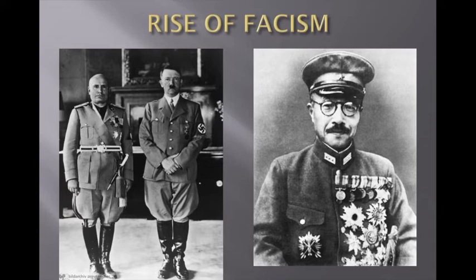During the 1920s, there was the rise of fascism. What fascism was is that it was focused on nationalism and generally one leader, and oftentimes it was a military leader.